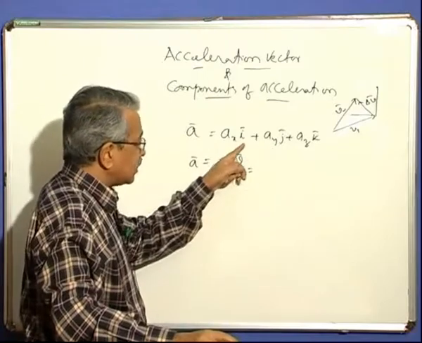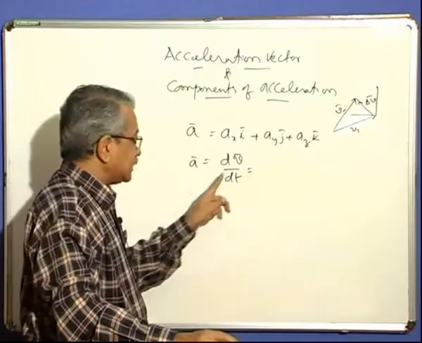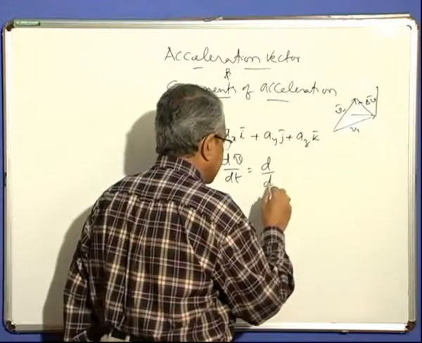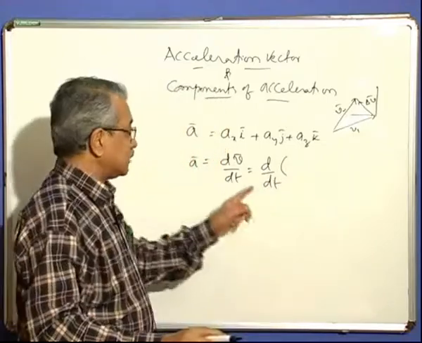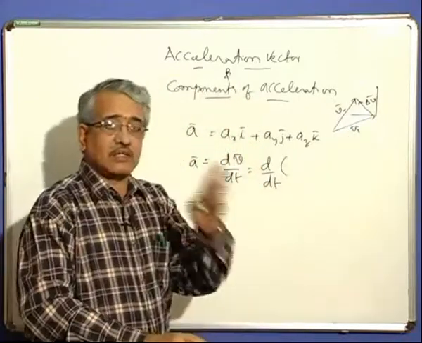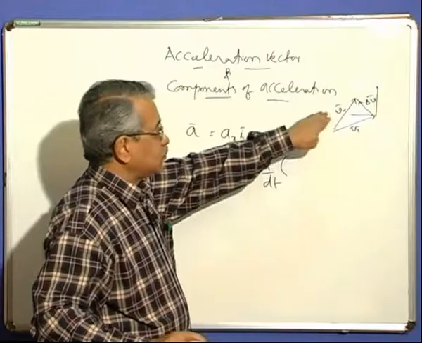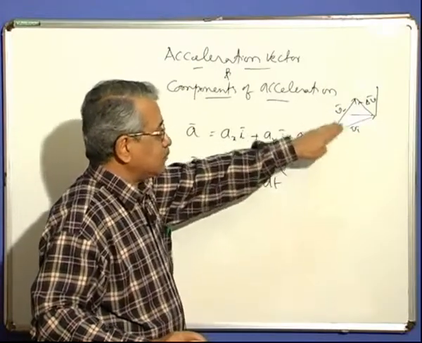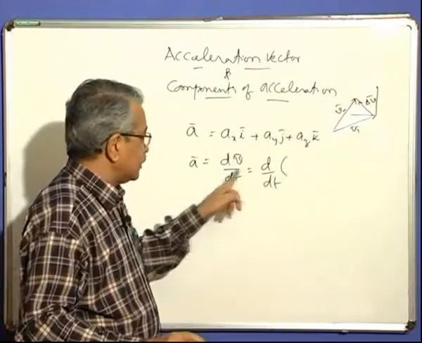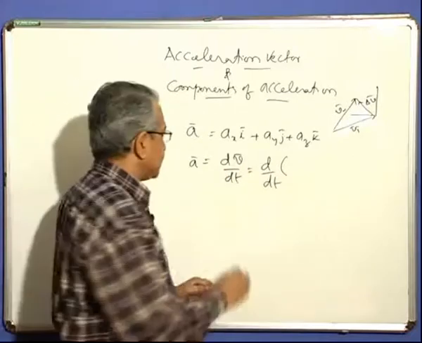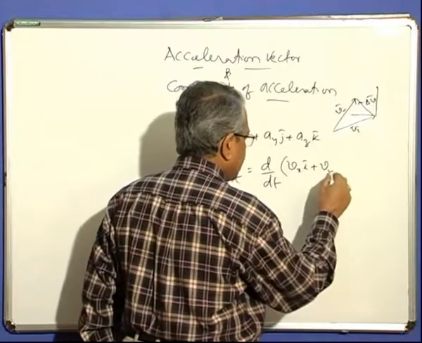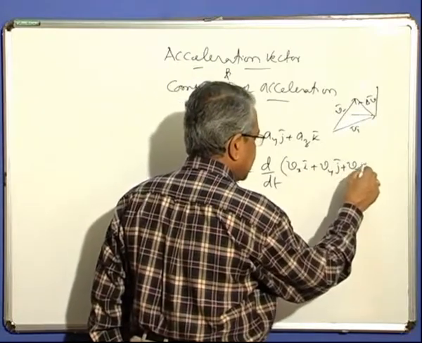That means for change in velocity also there will be three components, and that is represented in the derivatives as d by dt of those three components. Each velocity, v1 and v2, also is a vector. Therefore, they also have three components. So when v1 changes to v2, the x component may be changing, the y component may be changing, or the z component may be changing, or all three may be changing. Therefore, in the derivative we write the velocity in terms of its components. Suppose the velocity is vx i plus vy j plus vz k.